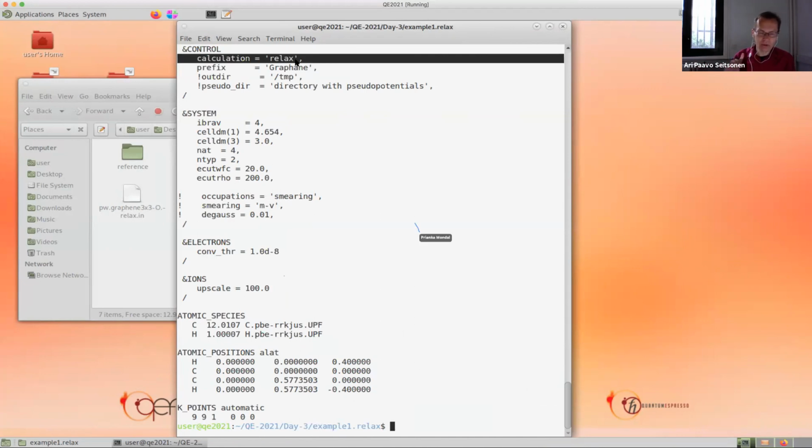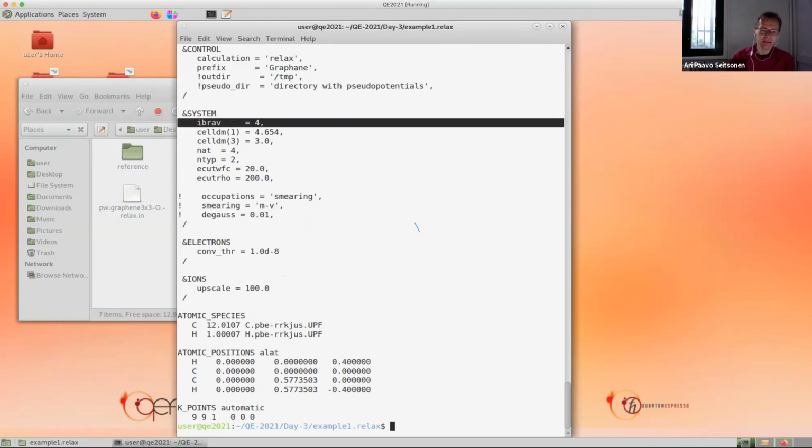I see there's someone who is writing on the screen. We should relax also the lattice constant, but to keep things simple, we don't do it yet. Normally, in almost all kinds of systems, you want to optimize the lattice constants, or the lattice vectors, let's say.